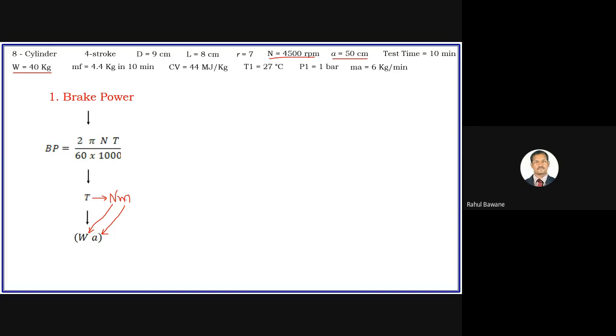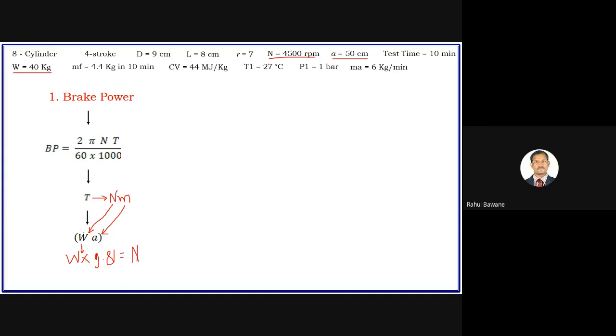So it is not a kg meter, it is a Newton meter. So how to convert this kg into Newton? So multiply by g, 9.81. So when we multiply W, that is kg, by 9.81, then we get a Newton force or net load.